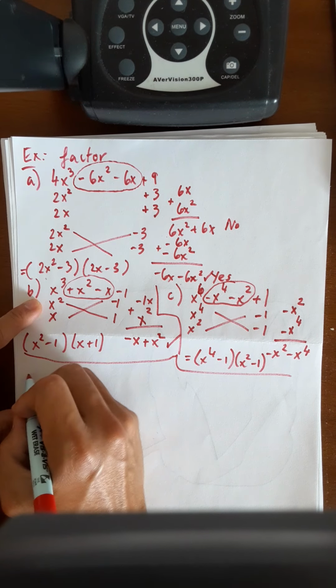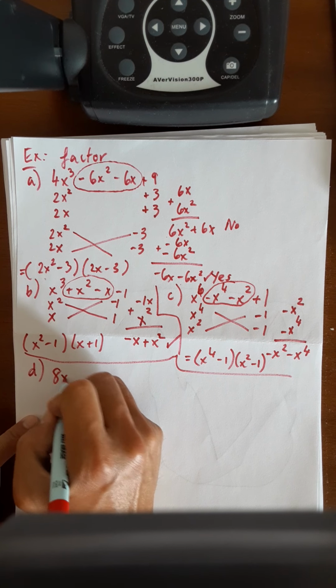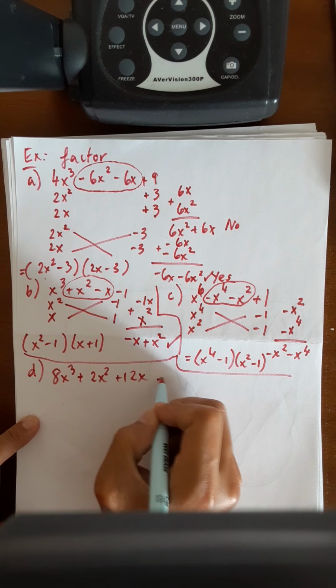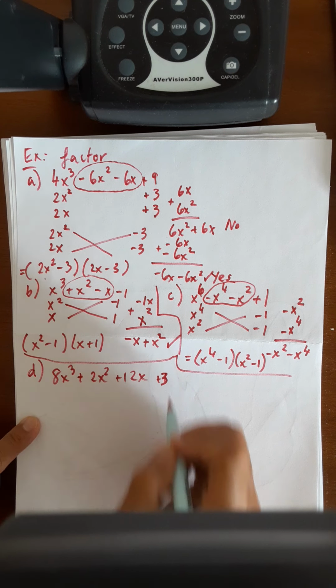Alright, one last example for today. D: 8x cubed plus 2x squared plus 12x plus 3.